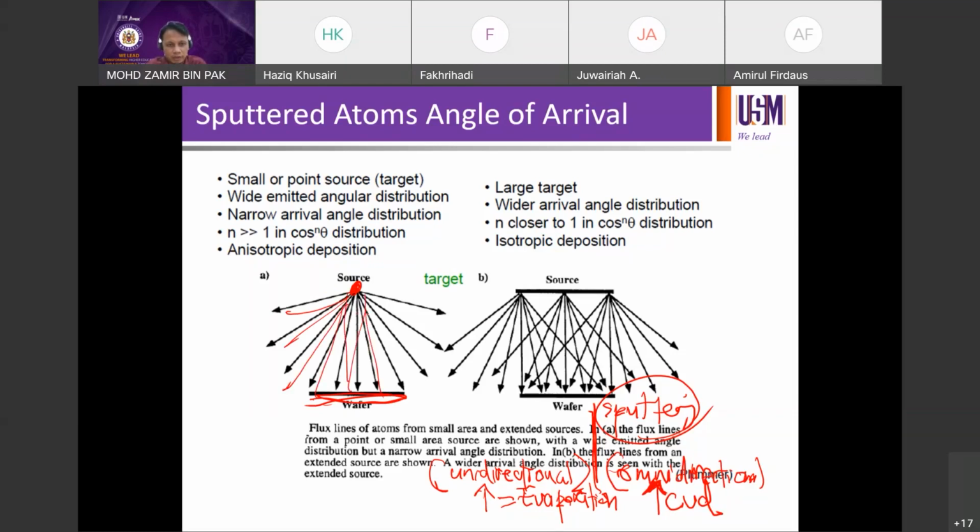If it is only unidirectional, it will not cover the whole sample, or if you have several wafers here, uniformly, that cannot be done. So it can be wide depending on the geometry, narrow angle of arrival, anisotropic deposition to some extent.